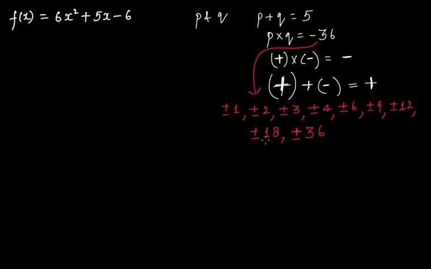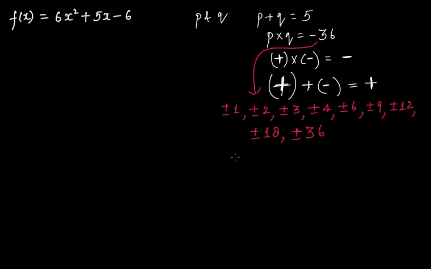Okay, so these are the factors. That is, when you divide minus 36 by these numbers, your quotient is actually 0. That is, it is completely divisible by these numbers. Now this is 5 and this is minus 36. What can we do? One thing is clear, the positive number has to be greater.